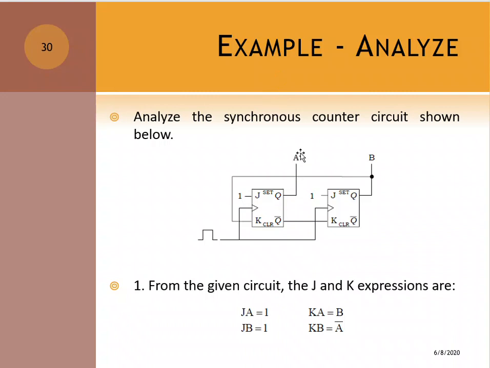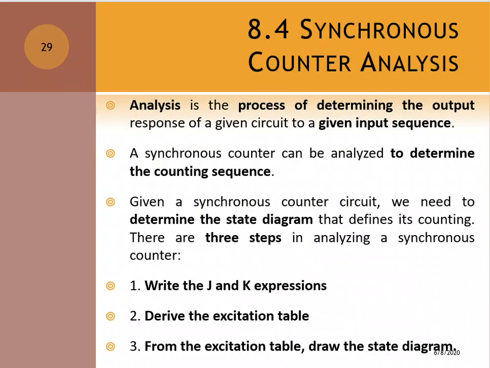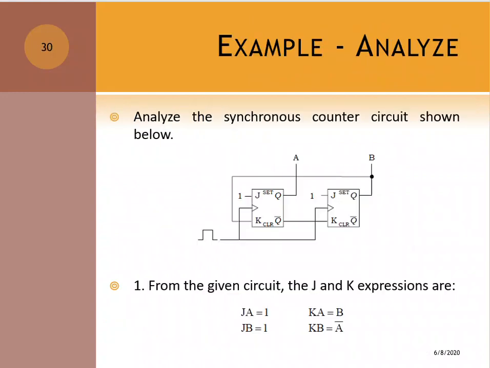Analyze the synchronous counter circuit shown below. So you are given the circuit. From the given circuit, remember the first step is to write the JK expressions. We have 2 flip-flops here, flip-flop A and flip-flop B. So we have JA, KA, JB, KB.